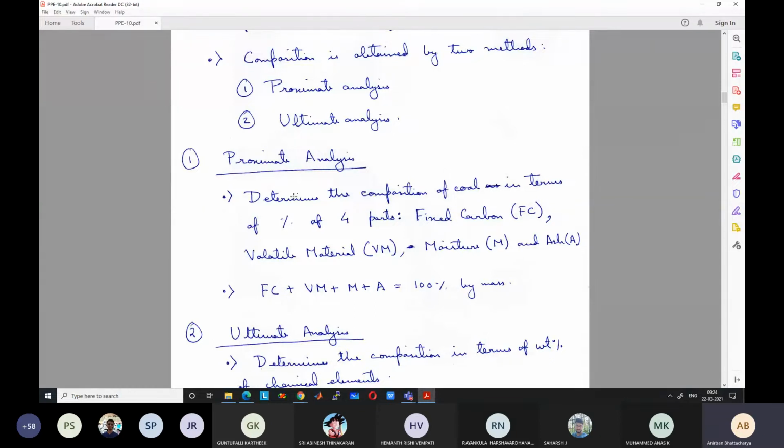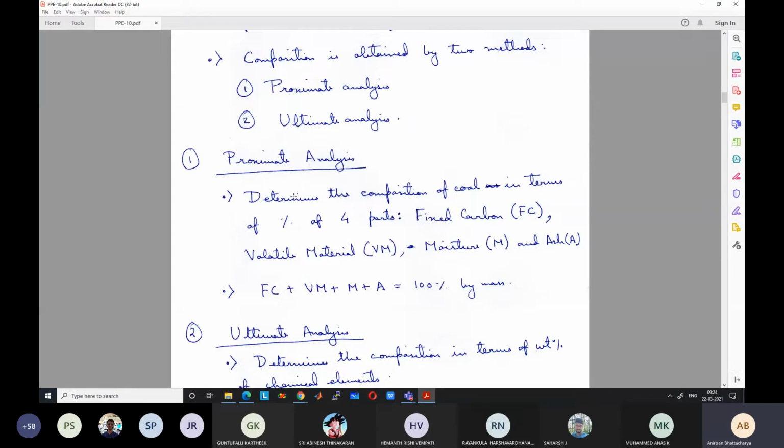So if you heat it at a moderate temperature, say 105 or 110 degrees centigrade, the water present in the coal goes out. Depending on the initial mass of the coal and the mass after heating, you can find out the mass of the moisture that has left, so we can find out the percentage of moisture in the coal.